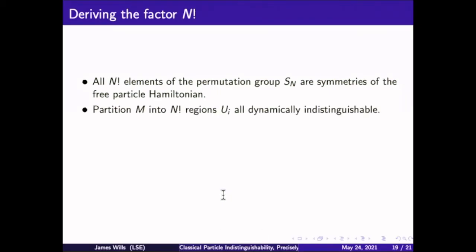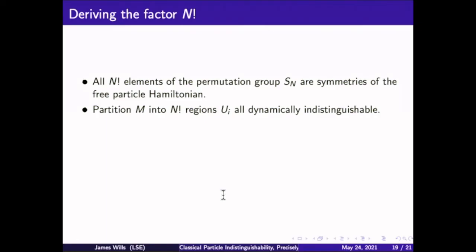We can then partition M into N factorial regions U_i, where i runs from 1 to N factorial, which are all dynamically indistinguishable. The reason we can do this is because there are going to be N factorial points in M which are dynamically indistinguishable from one another with respect to the free particle Hamiltonian.